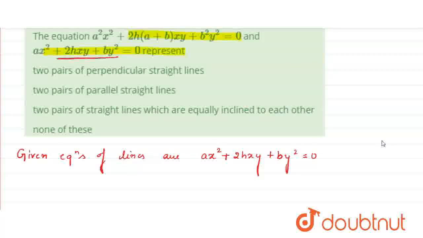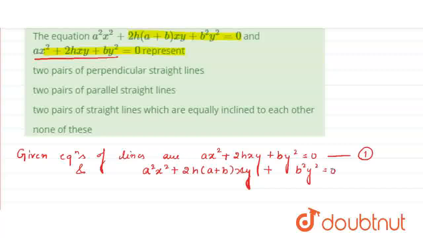Let me write this equation as the first equation, and we'll tell you the reason also. Then the other is a²x² + 2h(a+b)xy + b²y² = 0. This is the second equation.